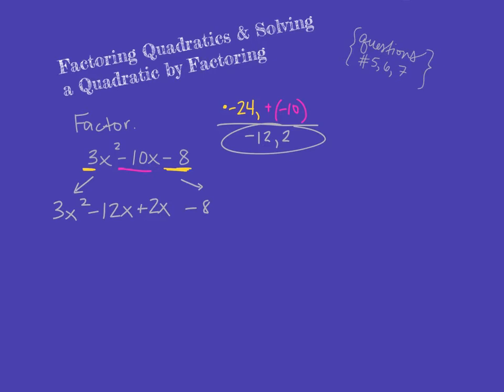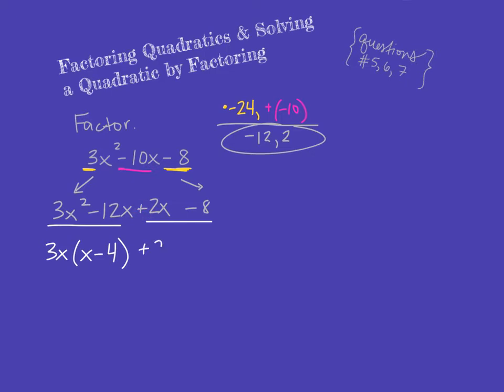So now we have a 4-termed polynomial, and we are going to factor it by grouping. 4 terms by grouping. So our first 2 terms and our second 2 terms. So our first 2 terms, the GCF there is 3x, so we can factor that out front. What's left? x minus 4. The GCF of the second 2 terms here, again, I want x minus 4 in the parentheses so you can work backwards, but the GCF here is 2. It's going to be a plus 2 because this term's plus.